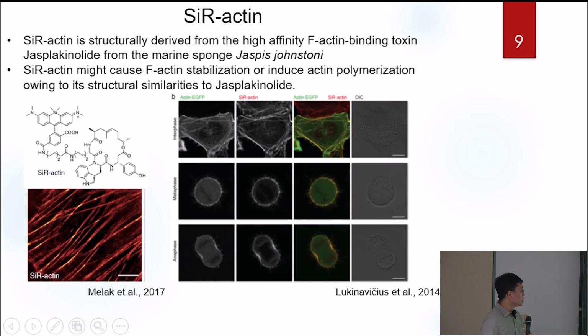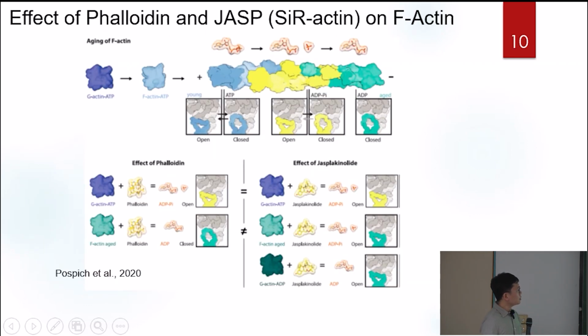Although people apply this one to live imaging, and in certain cell types it seems fine, most of the time you can see the morphology changes, and the dynamics also change. In a recent publication, they showed structural data to explain how phalloidin or SiR-actin affects actin filament dynamics.